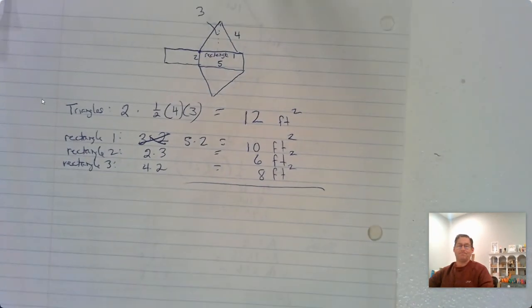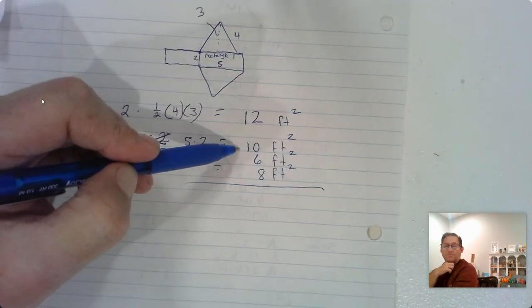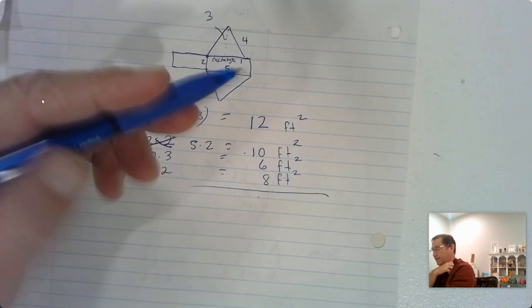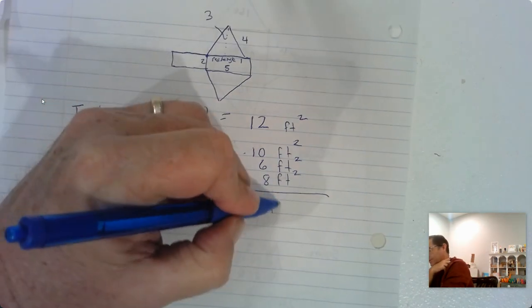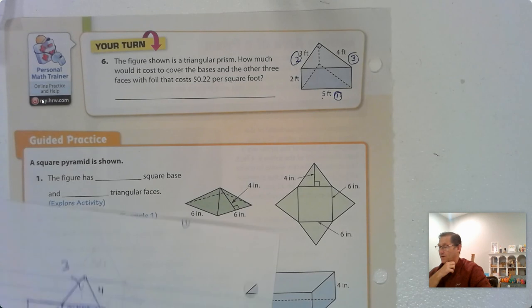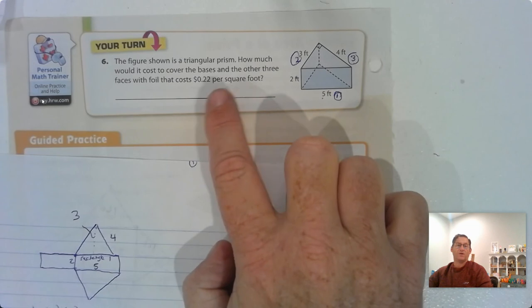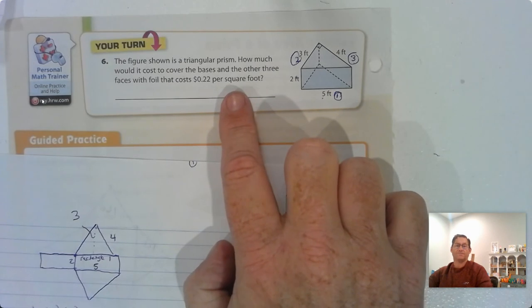Now add them all up. 12 and 10 is 22. 22 and 8 is 30. 30 plus 6 is 36 feet squared. Okay, so that's the surface area. But they want to know how much it's going to cost.